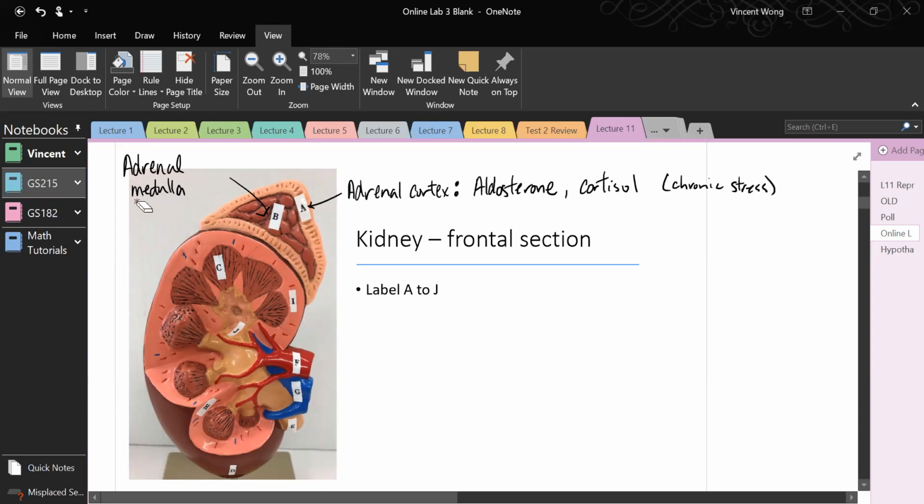Whereas the adrenal medulla is going to secrete things like epinephrine, which is more like fight or flight, like immediate stress. There's also another one called norepinephrine. Epinephrine is the same as adrenaline, in case you did not know that.